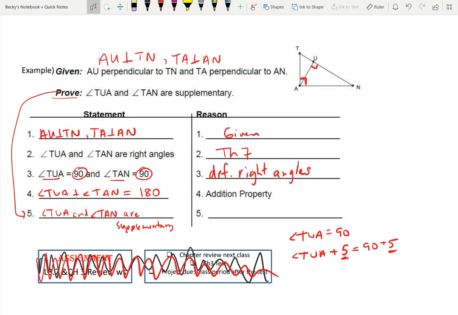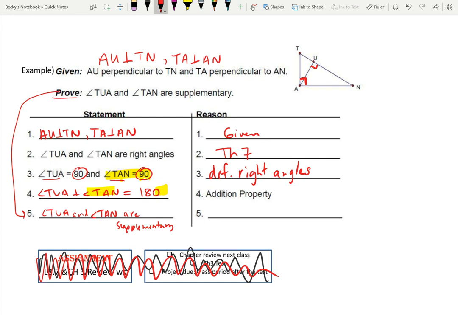Instead of 5 equals 5, remember we're doing the same thing. We're adding, they're equal, just like 5 equals 5 is equal. We can just take the TAN and add it to the left and take the 90 and add it on this side. And so 90 and 90 is 180. I know it's confusing. You will get the hang of it, I promise.